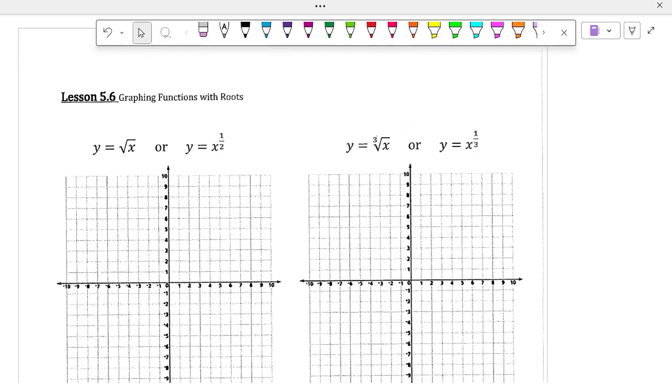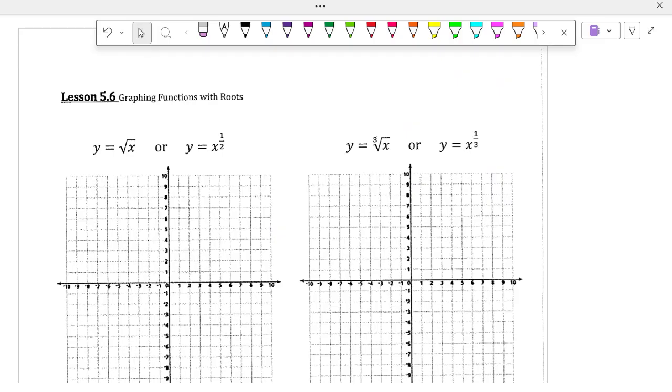So, what do I mean by the word inverse? What does inverse mean? Opposite. So, if I'm graphing the square root of x, what would its opposite graph be? X what? What's the opposite of square root? Squared.